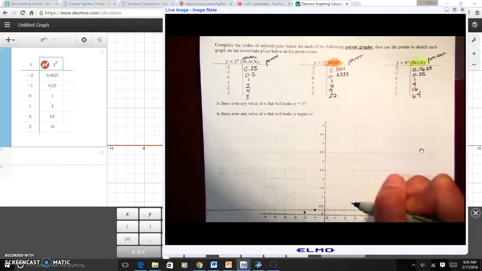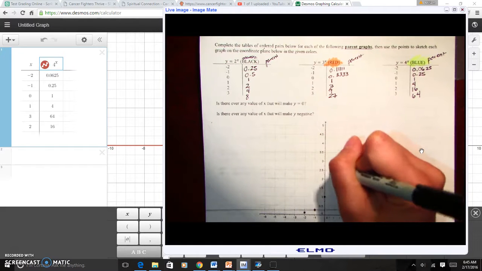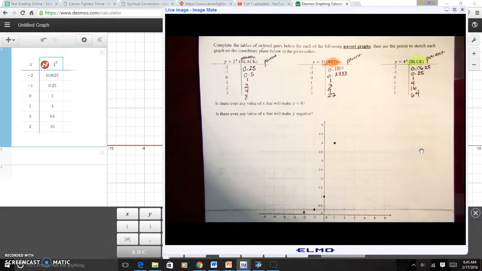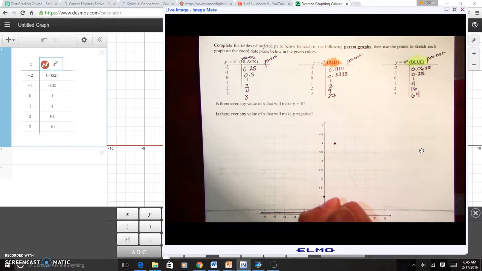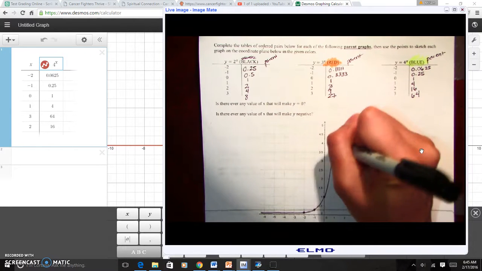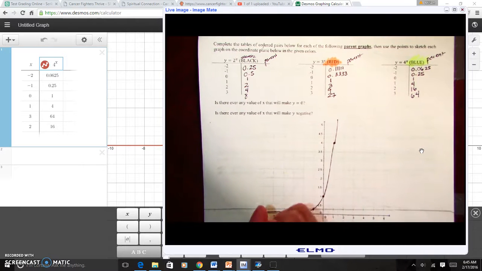Maybe about here, 0, 1, 1, 4, 2, 16, and I ran out of space. And you're going to connect the dots. It's super close to the y-axis, and then it begins to grow really quickly. That's the blue one, which I'm going to highlight in yellow.